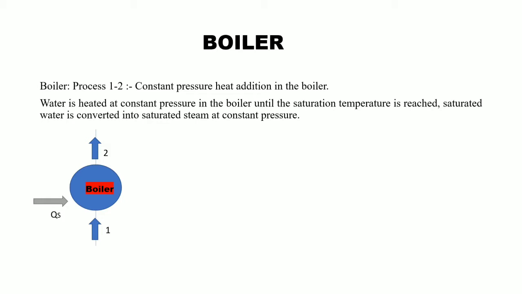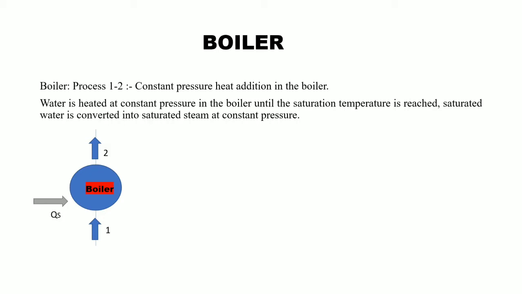So we already know in the boiler we burn the fuel, and this burning fuel releases some heat energy, and this heat energy is added into the water. That's why its name is heat addition, and this process is done at constant pressure. Means during this heat addition process in the boiler, pressure remains constant.